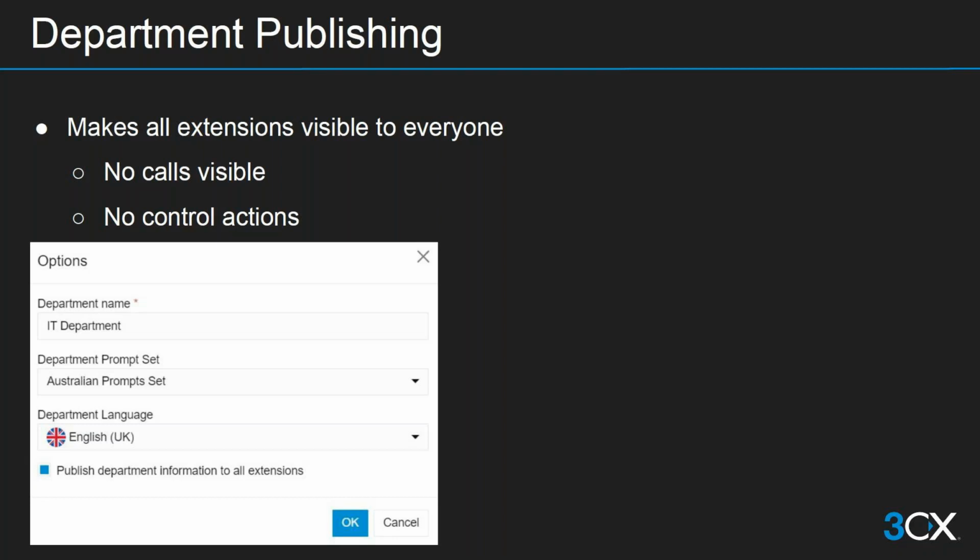You can really compare it to an Active Directory, and you can set it up similarly, because people who work in the Active Directory in a department together most likely also use the PBX in the same way.